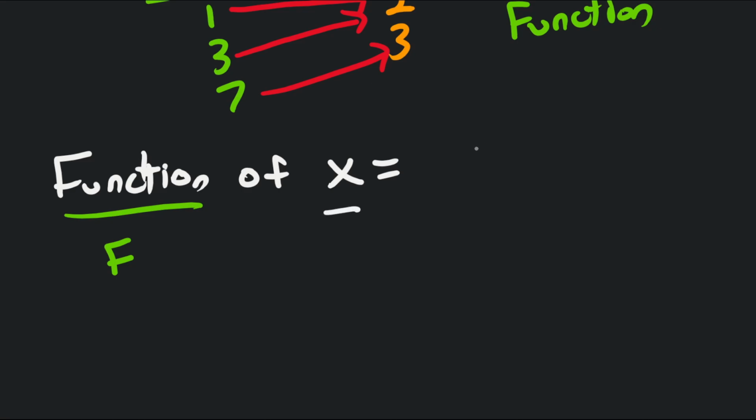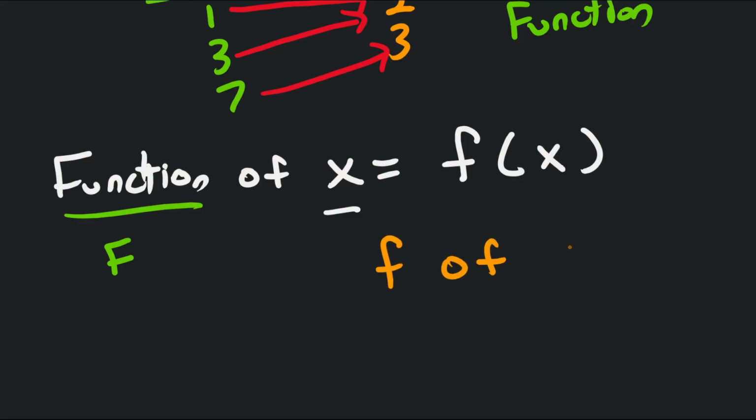Function notation is written like this: f of x, f parentheses x. This is read f of x. That is how you're supposed to read this, and this represents a function. F of x is a function of x. So in other words, this x is the input.